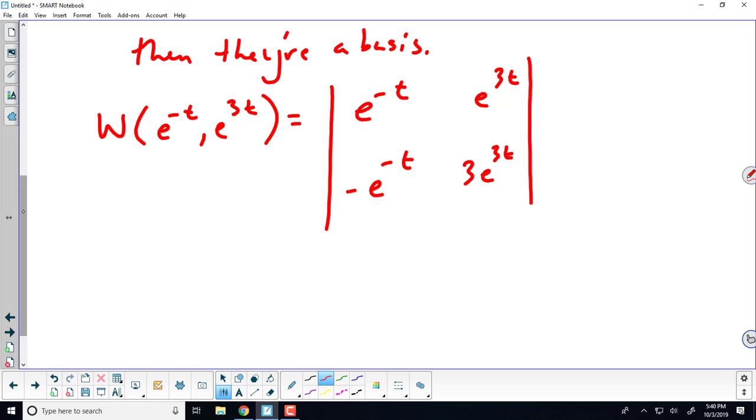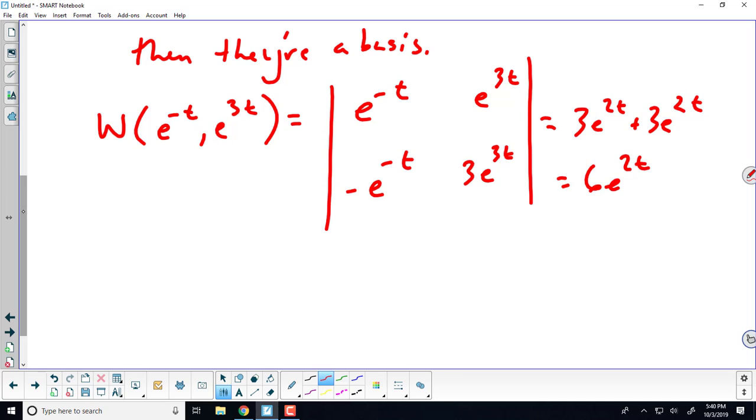Taking the determinant of this, we end up with 3e to the 2t plus 3e to the 2t, which gives us 6e to the 2t.